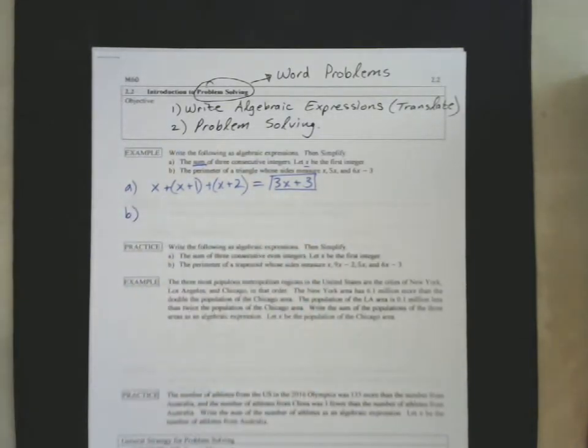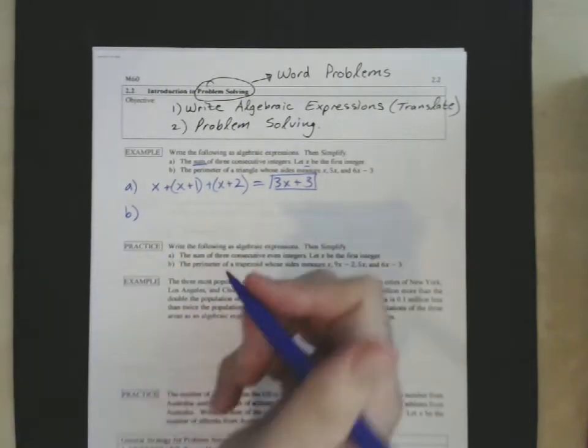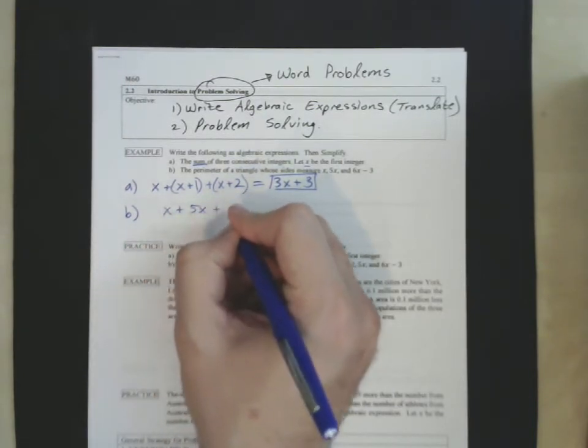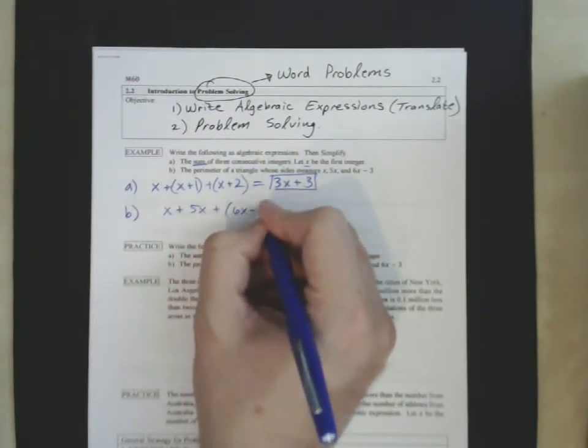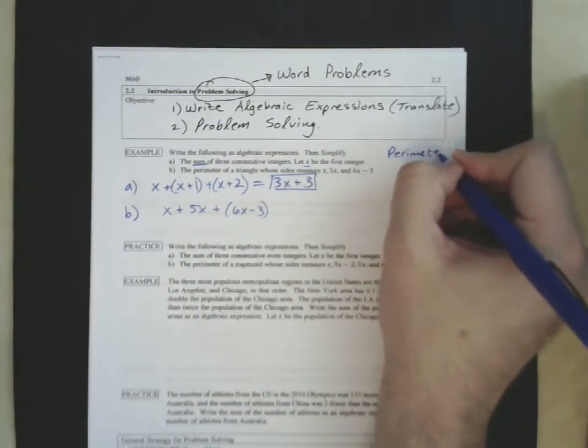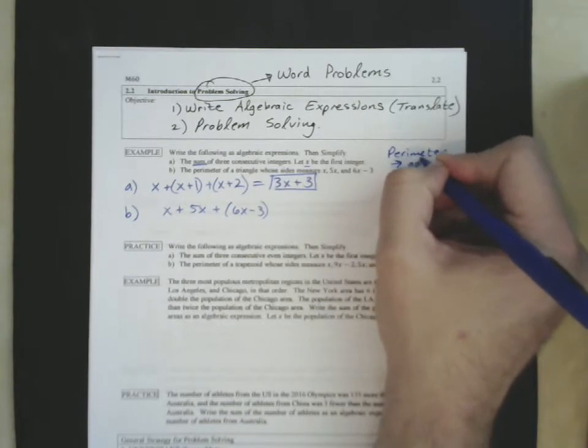In part B, the perimeter of a triangle whose sides measure x, 5x, and 6x minus 3. So perimeter, remember, is the addition of all the sides. So we're going to add x plus 5x plus 6x minus 3. And if you want to make a little note here, perimeter, add up all the sides.